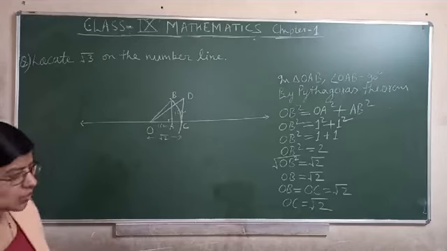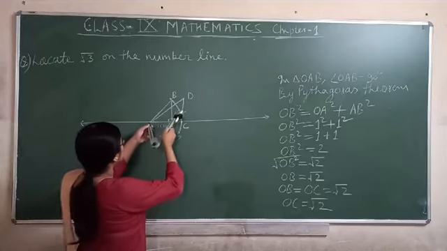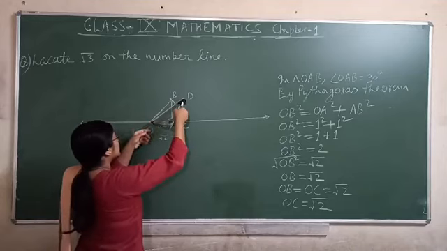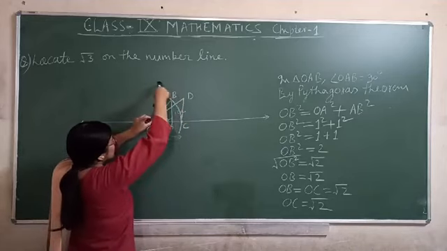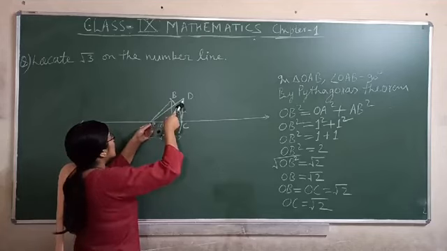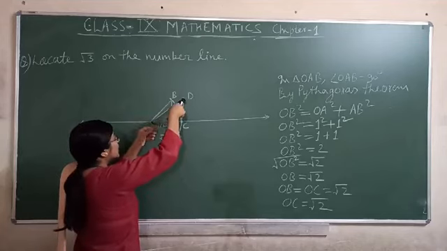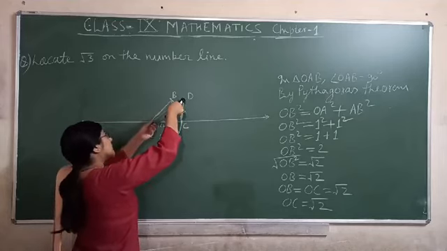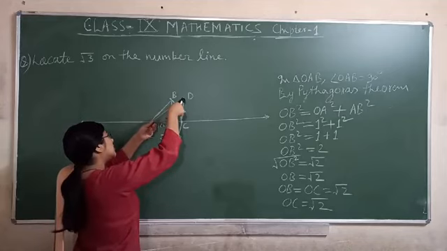Now, what will you do? Keep your compass needle at O and measure OD. If you complete this whole, you get a circle. So for that, O is the center and OD is the radius. OD represents √3, but this one is not on the number line.